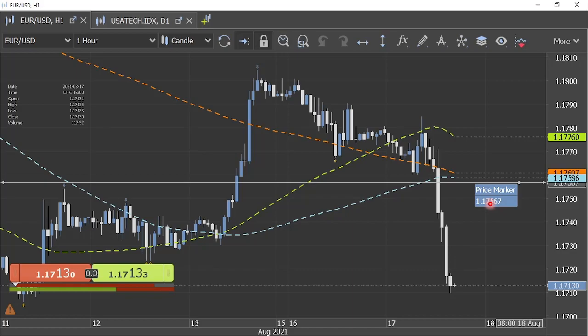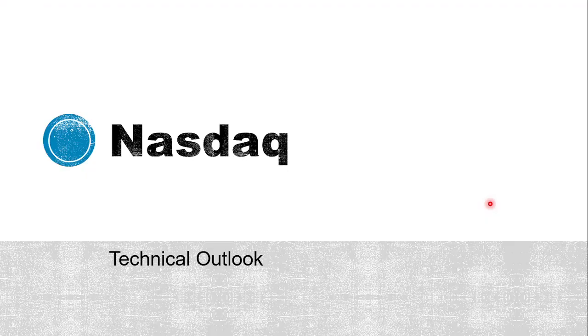Our stop losses will be sharp enough, and we can try to optimize the target price by trying to keep it closer to 1.1600.